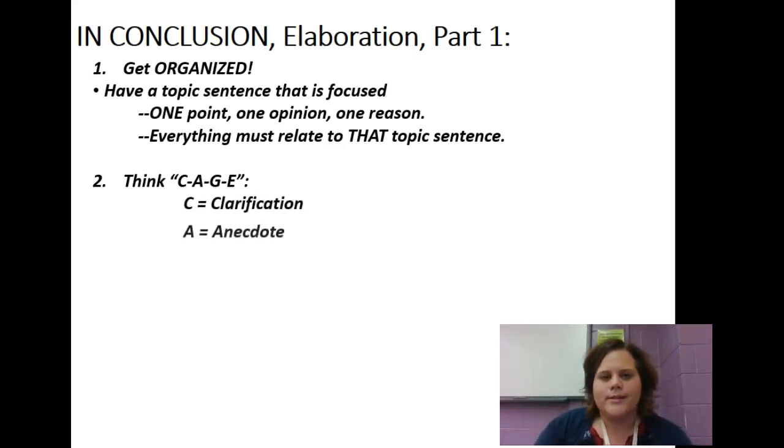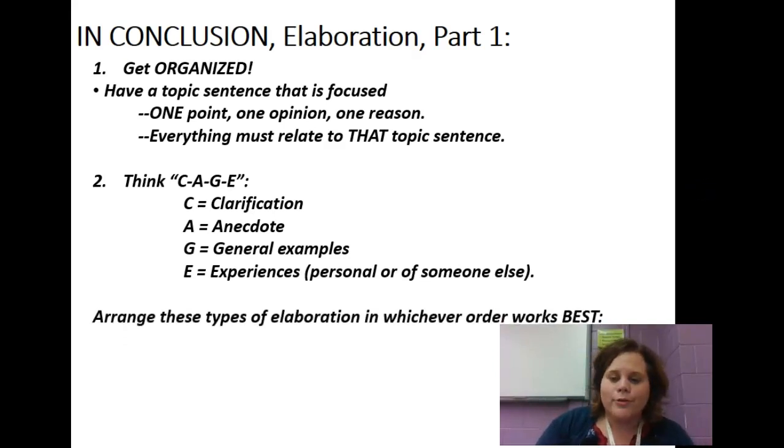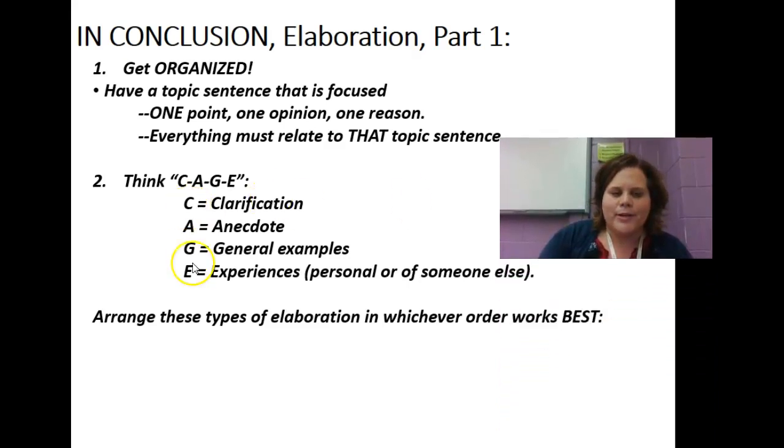Clarification, anecdotes or stories, general examples, experiences, either of yours or someone else's. We want to go in whatever order works best. The acronym is to help you remember the types of elaboration. Honestly, I don't think that works best. I don't think it's best to have an anecdote first.